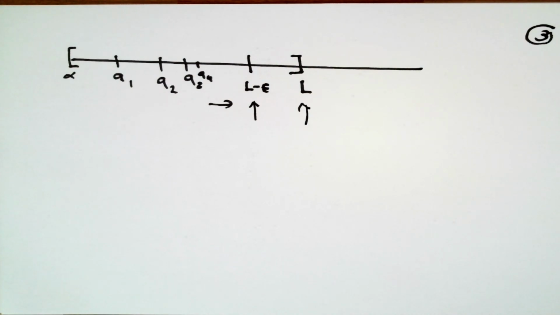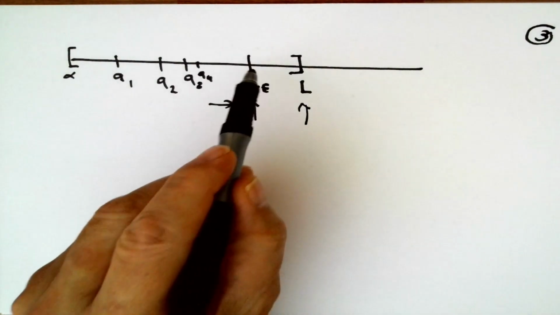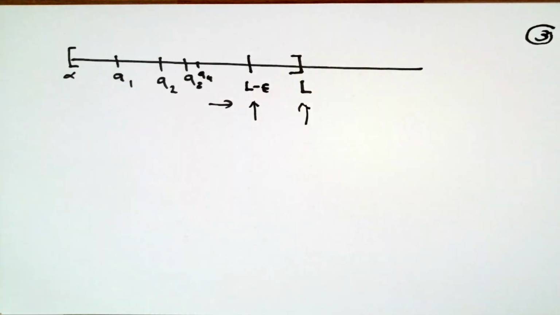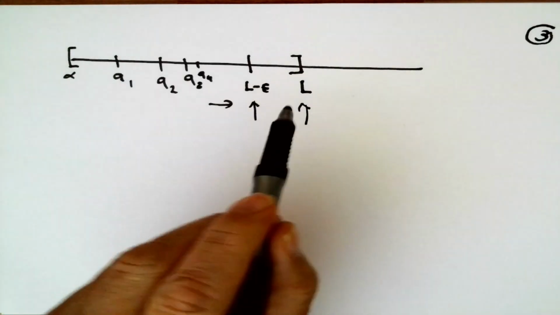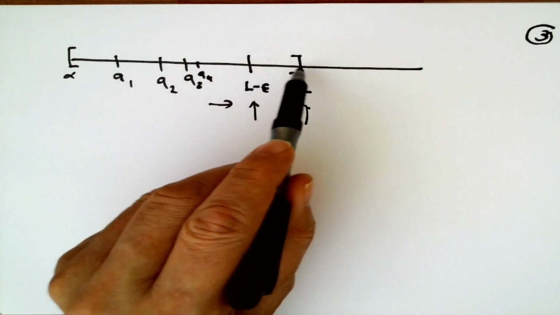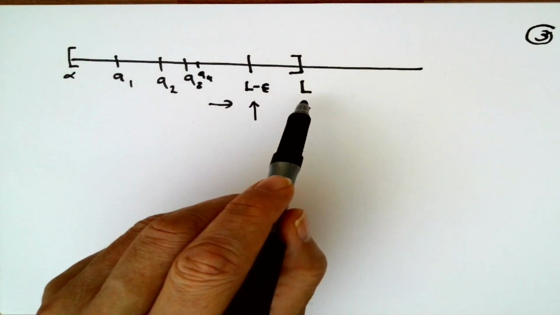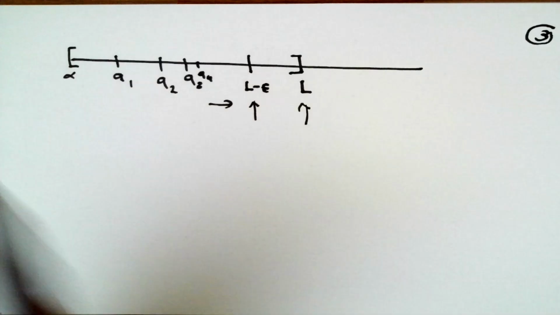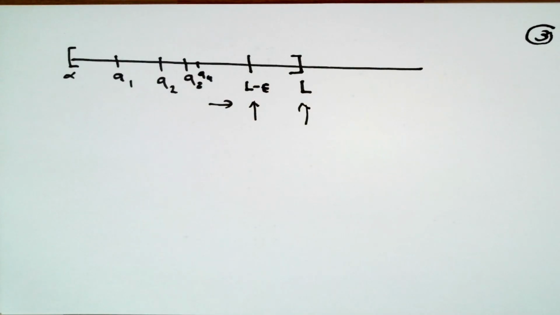If this were not true, there would be no A numbers between L minus epsilon and L. All of the A numbers are less than L, and if none of them are between L minus epsilon and L, they must actually all be less than or equal to L minus epsilon. That means that L minus epsilon is an upper bound for the sequence.